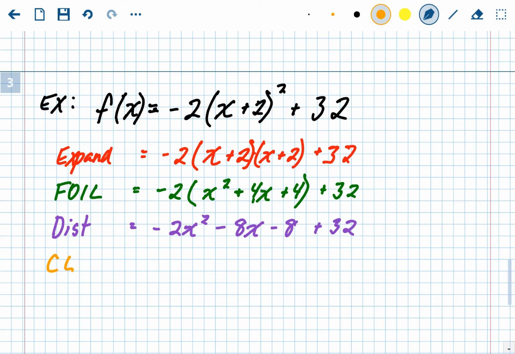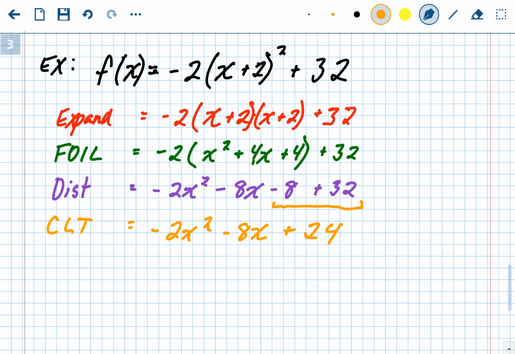And then combine like terms. Combine like terms is going to be these last two, the -8 plus 32. It's going to give us -2x squared minus 8x plus 24.